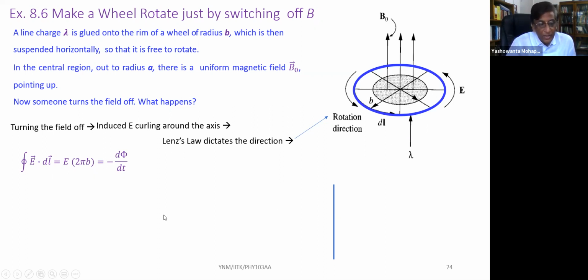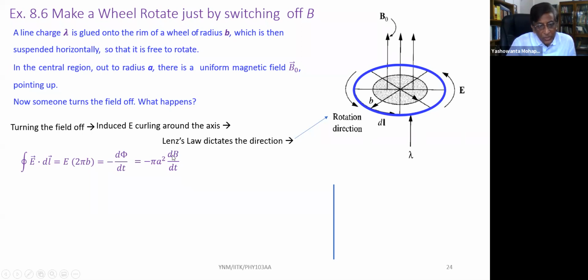We have set it up in such a way that I can take E out, and this radius is 2 pi b, and that must be equal to minus d phi by dt. When I switched off the magnetic field, flux was changing. So that is minus pi s square dB by dt.